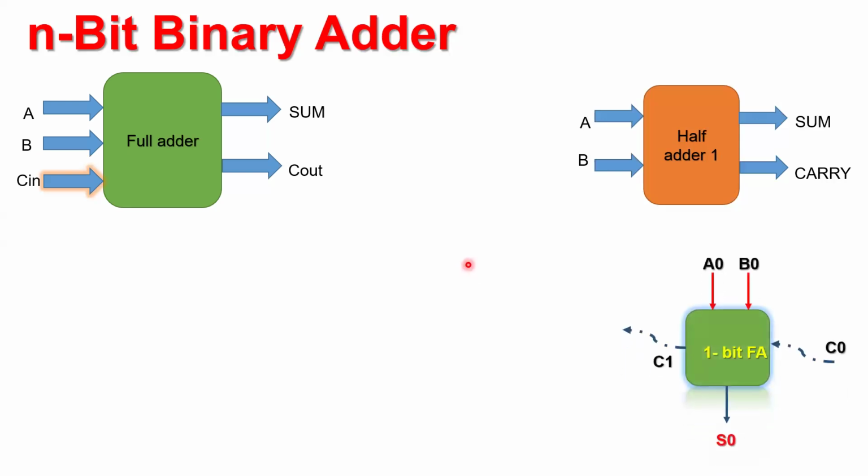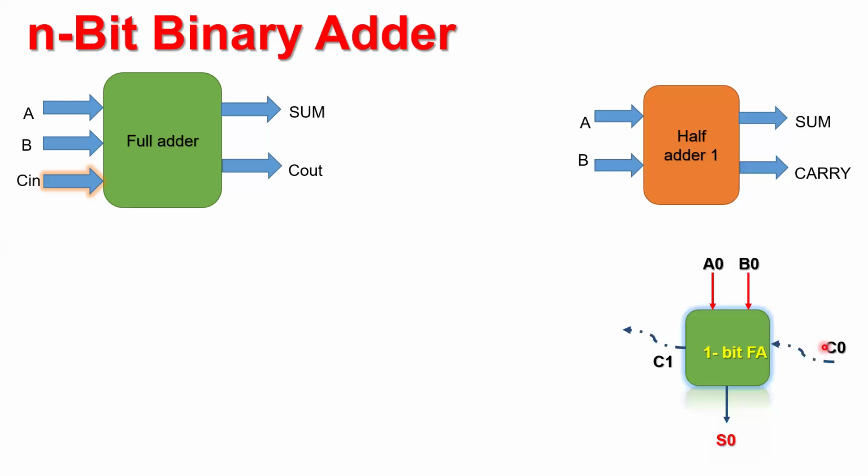To make the n-bit binary adder, you take a 1-bit full adder unit. It has three inputs, A0, B0, and C0, and two outputs, sum and carry, that is S0 and C1. A0, B0 and C0 are each single bits.